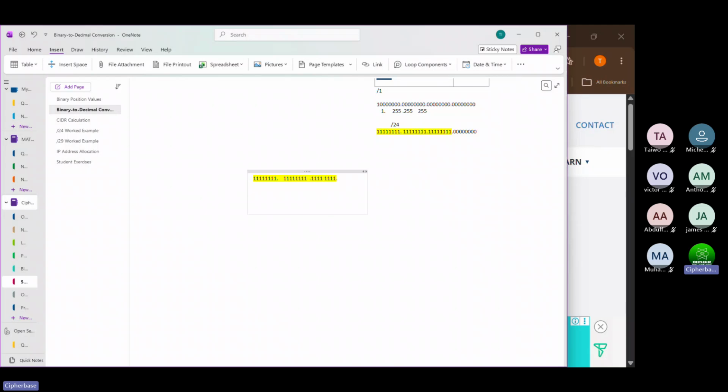Now I want us to know that each octet contains 8 bits. Still remember that. That is, each network portion here is 8 bits. That's why we count 1 to 8. It's very important to have that in mind. Now we want to position it.